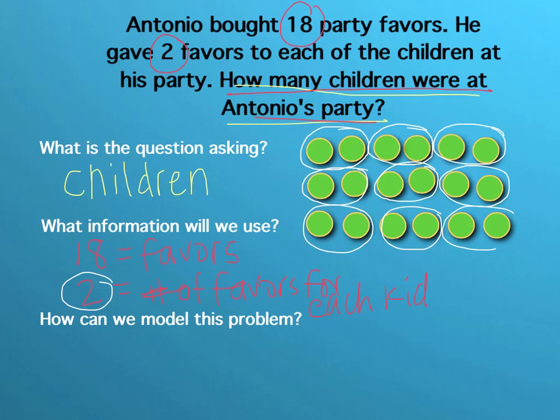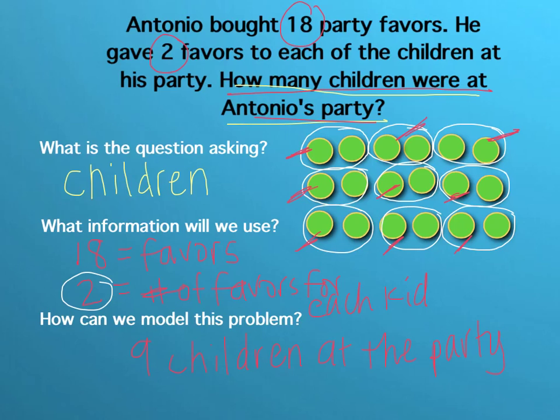Once I've done that with all 18, I should be able to figure out how many kids were at Antonio's party by counting the number of groups. So here's a group, here's a kid, here's a kid, here's a kid. That's 3 kids, 4 kids, 5 kids, 6 kids, 7, 8, and 9. Now I know that there were 9 children at Antonio's party, and that's my answer.